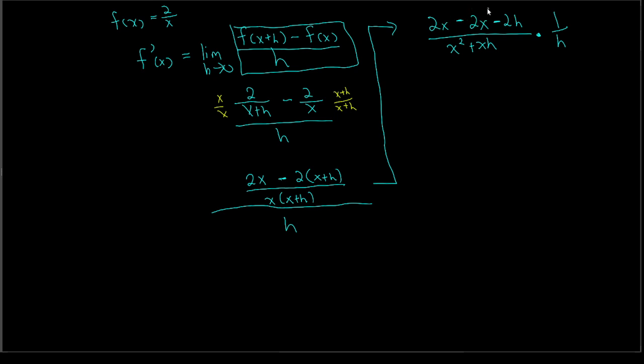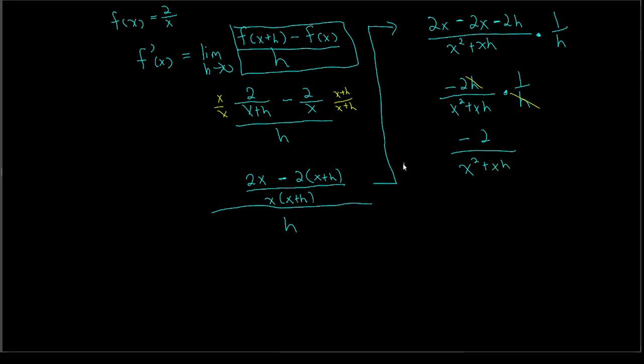If we do a little cleanup here, the 2x's cancel and I get negative 2h over x squared plus xh times 1 over h. These h's cancel each other, and I get negative 2 over x squared plus xh.